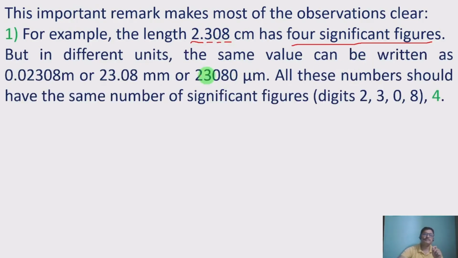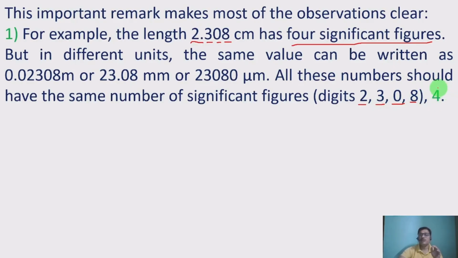But in different units, the same value can be written as 0.02308 meter, or 23.08 millimeter, or 23080 micrometer. All these numbers have the same number of significant figures: digit 2, digit 3, digit 0, digit 8.